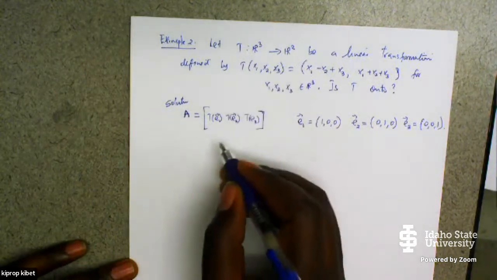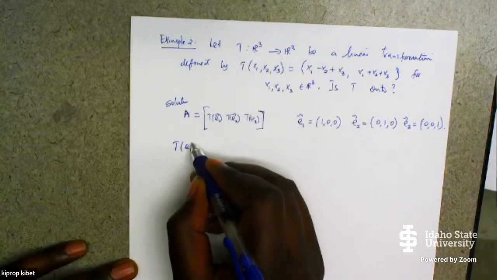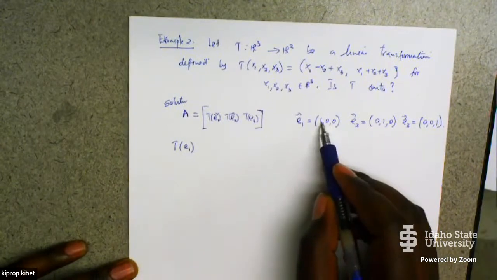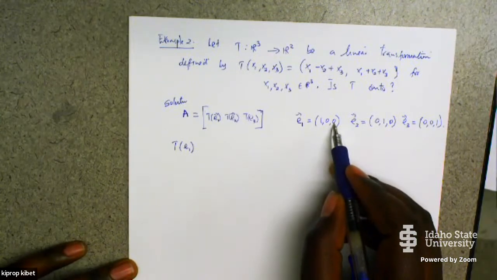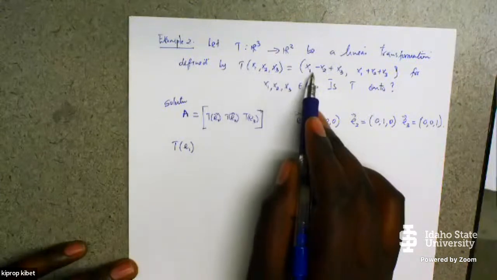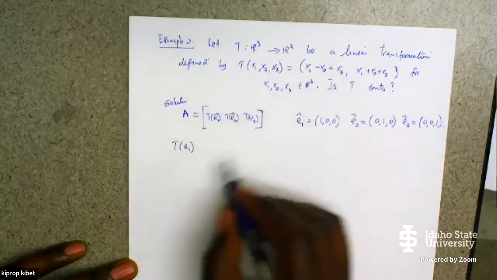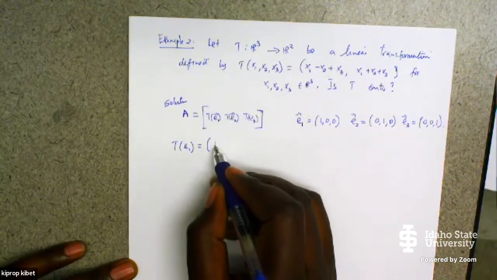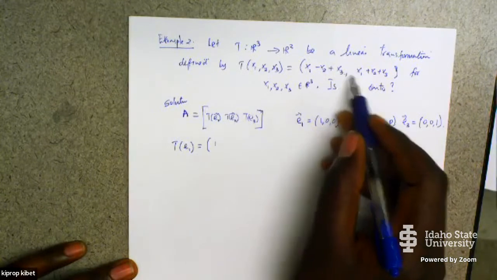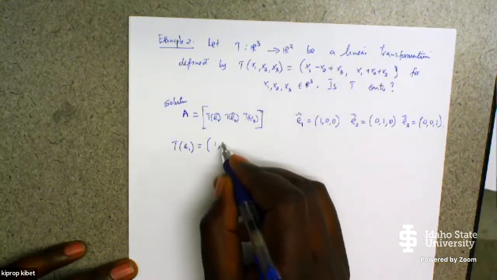Now, to get T of E1, we know that x1 here is 1, x2 is 0, and x3 is 0. So we bring it here. So x1 is 1, and then the others are zeros. So T of E1 will be 1, and then all these are zeros, and then this one is also 1.